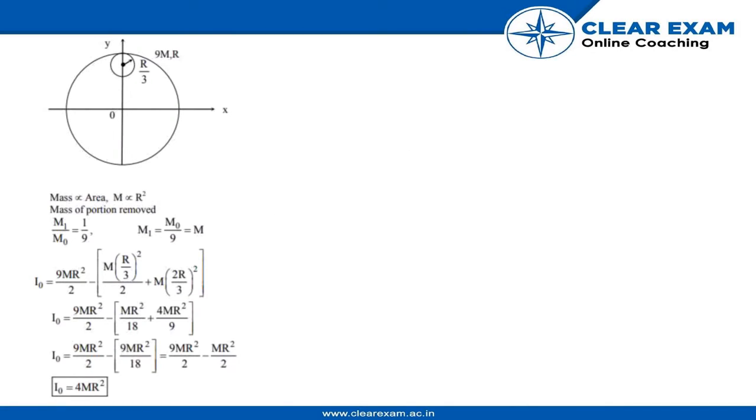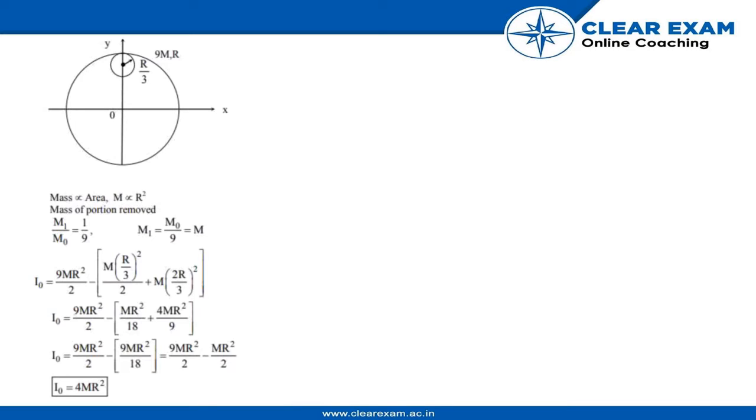Now, if we look closely at the figure, the x and y axes have been drawn, and we have already drawn the smallest circle with the radius r by 3. Now we know that mass is proportional to area, and it is also proportional to r square.